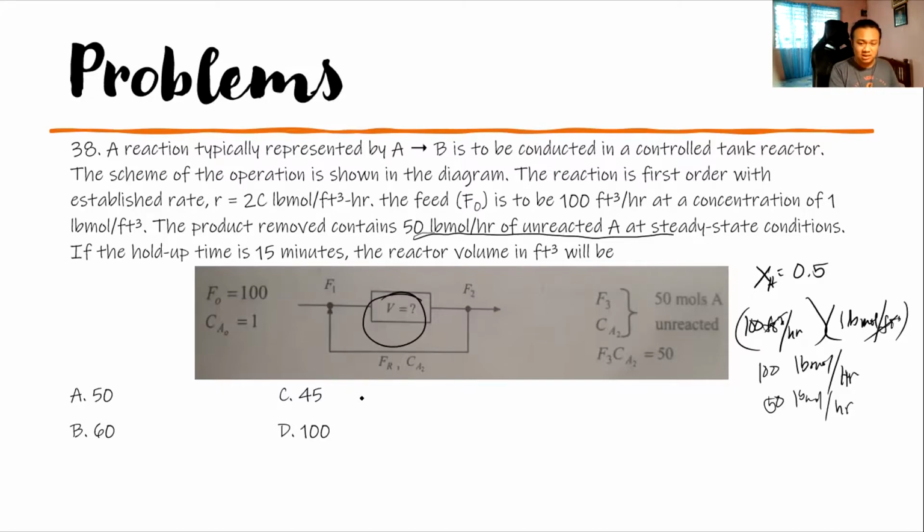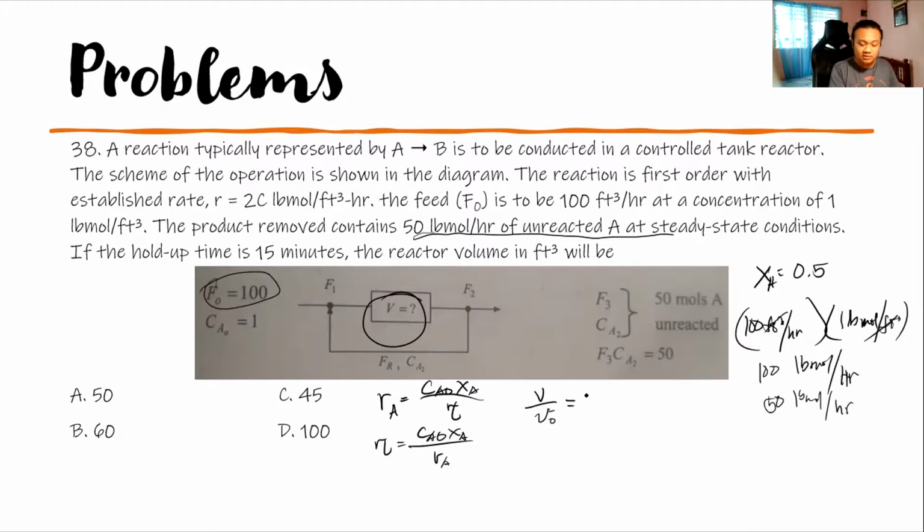So let's use the equation that we have derived from the first video for the CSTR, tau equals CA0 X over kCA. So tau, if we transpose, we have V over the volumetric flow rate, which is F0, here 100.